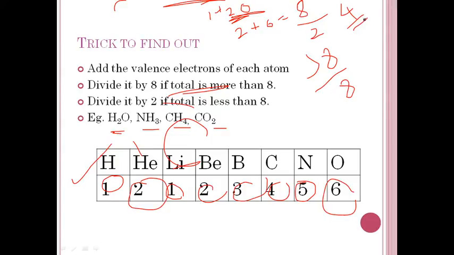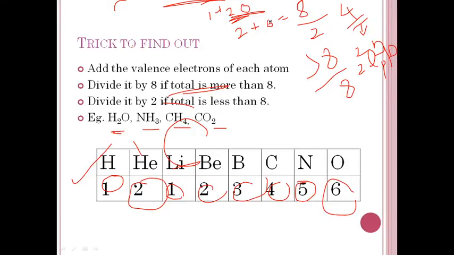So out of this 4, only 2 bond pairs are possible. Yes or no? So the remaining must be lone pairs. 2 bond pair and 2 lone pairs. Sometimes you have to think logically like this. Some molecules will give you the total thing directly, so no need to worry.